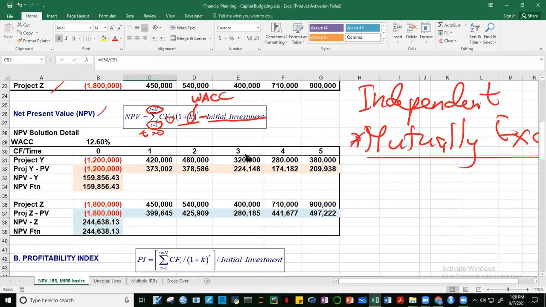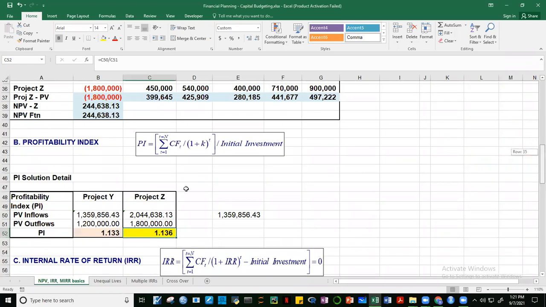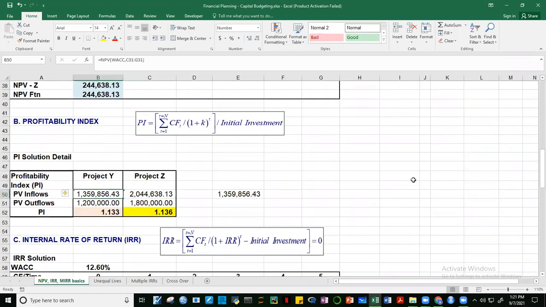Okay. PV inflows formula. William, saan? Pakisabi kung anong cell, William, please. B50. Okay? So ang ginamit natin dito, yung NPV lang. No?